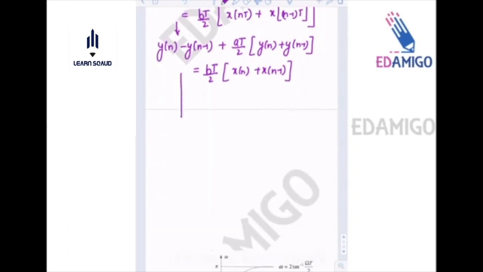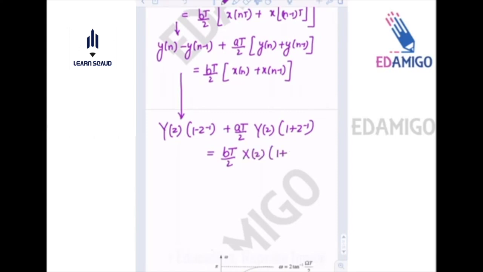Now taking the z transform of this equation, we get Y(z)(1 minus z inverse) plus AT by 2 Y(z)(1 plus z inverse) is equal to BT by 2 X(z)(1 plus z inverse). Now from the above equation, H(z), that is equal to Y(z) upon X(z), will be equal to B upon (2 upon T times (1 minus z inverse) upon (1 plus z inverse)) plus A.